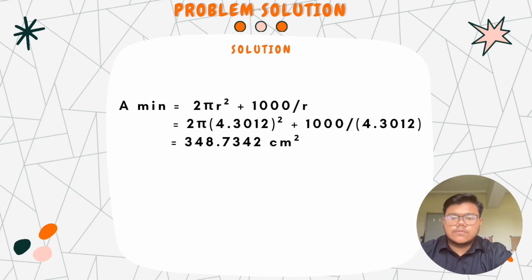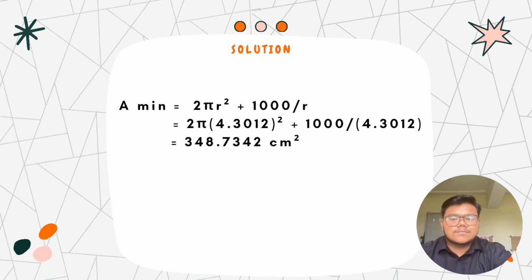So just substitute into the formula: 2 pi times 4.3012 squared plus 1000 over 4.3012. So we get the answer, which is 348.7342 cm squared. So that's all for the problem solution.